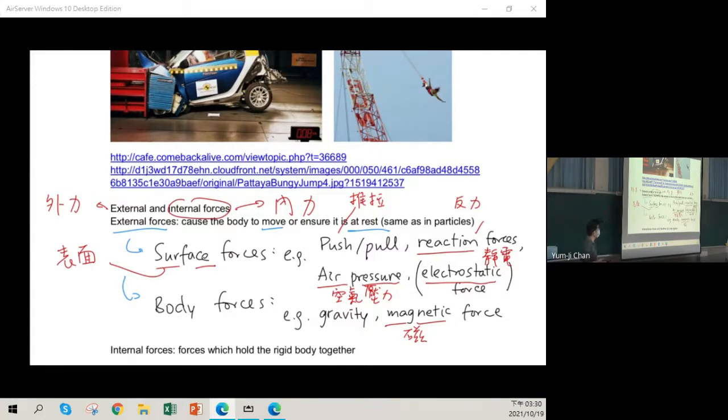So push, pull, all forces are divided into two types.